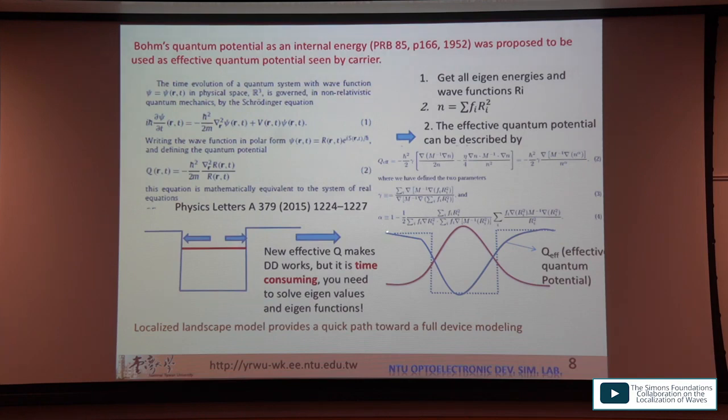But if you really include the effective quantum potential, you will find something interesting: an internal electric field comes in. In the flat band quantum well condition, you think you will never get a wave-like carrier density. But right now the potential is not square, it's like this, so the internal electric field inside is not zero. It will compensate the diffusion term.